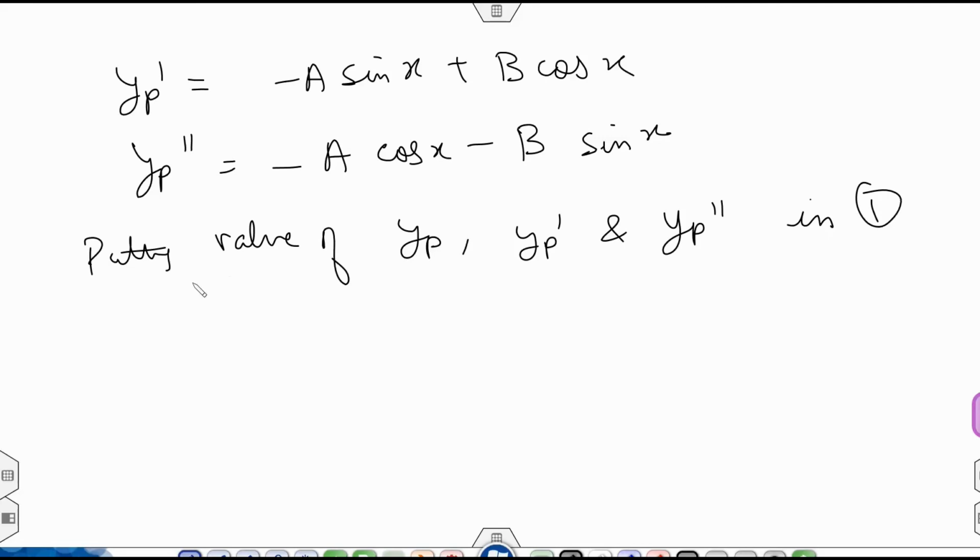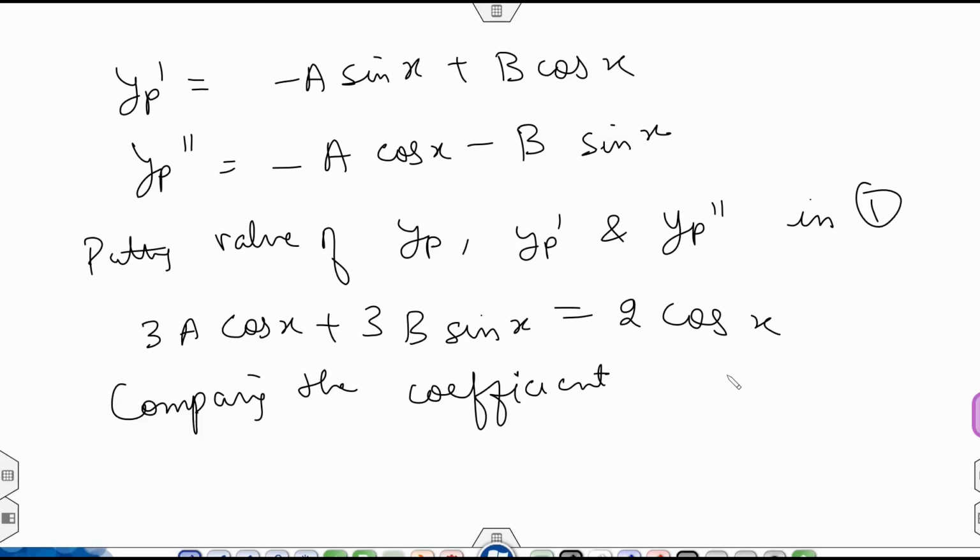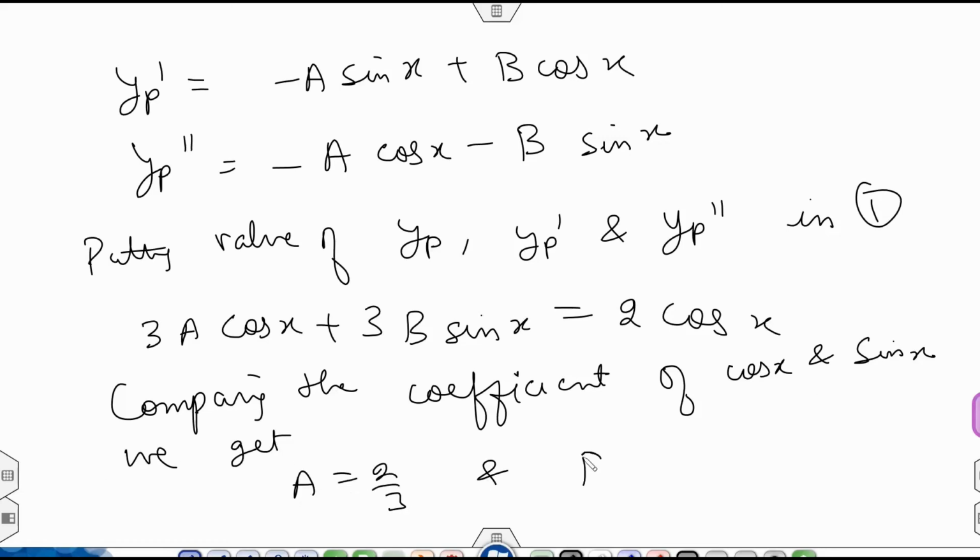We will get 3a cos x plus 3b sin x is equal to 2 cos x. Now comparing the coefficients of cos x and sin x from both sides, we get a is equal to 2 by 3 and b is equal to 0, and therefore what will be our yp?